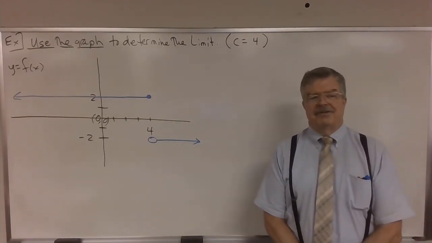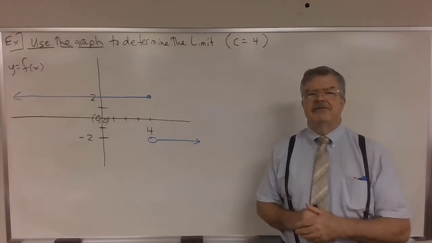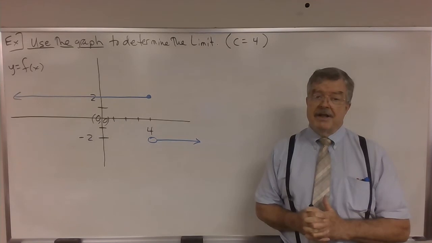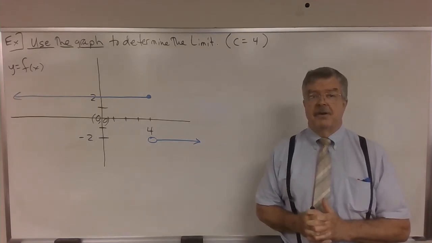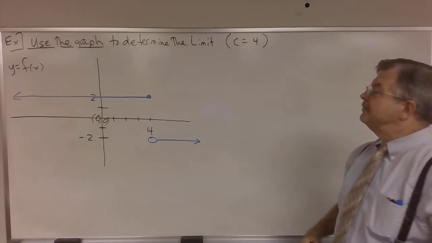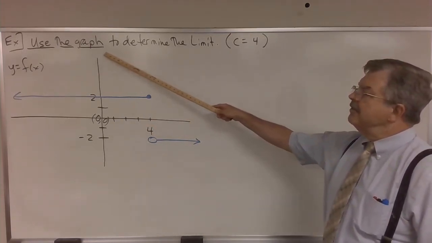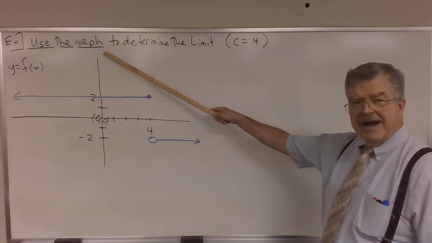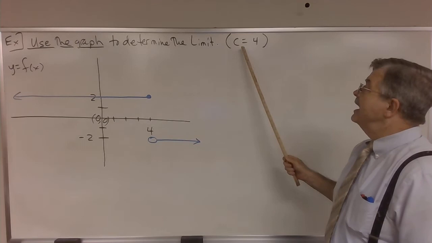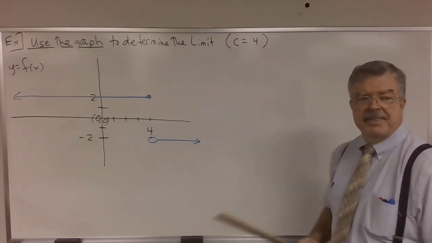Okay, next exercise. This has some similarities to the exercise that we did before, but it has some differences too. Similar to the exercise we just did, it says that we want to use the graph to determine the limit. And here they tell us c equals 4.